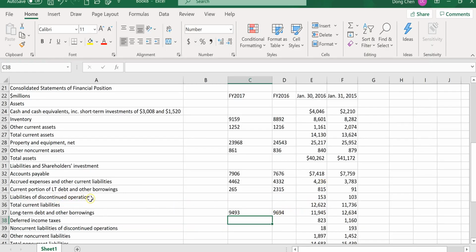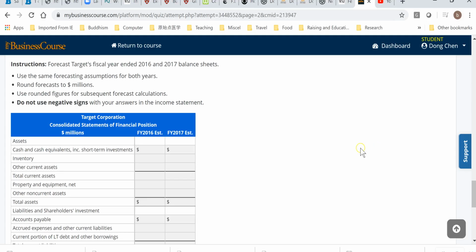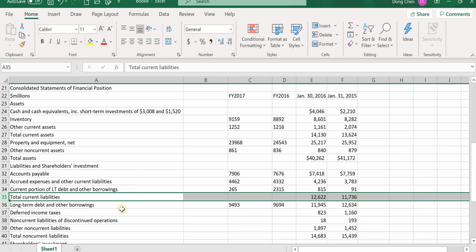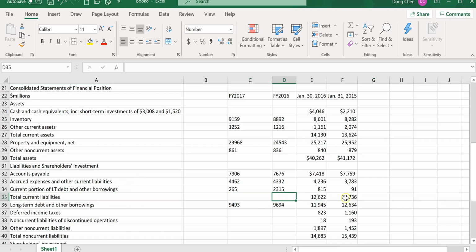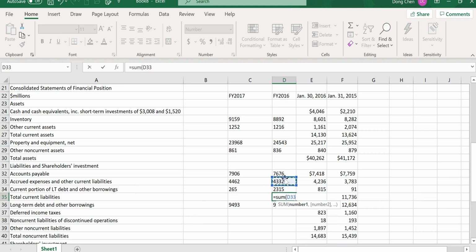The liabilities of discontinued operations, again, I don't think this one is relevant for the final answer sheet. And total current liabilities, here we can calculate the total. It's basically the sum of the three: accounts payable, accrued expenses, and the current portion of long-term debt.